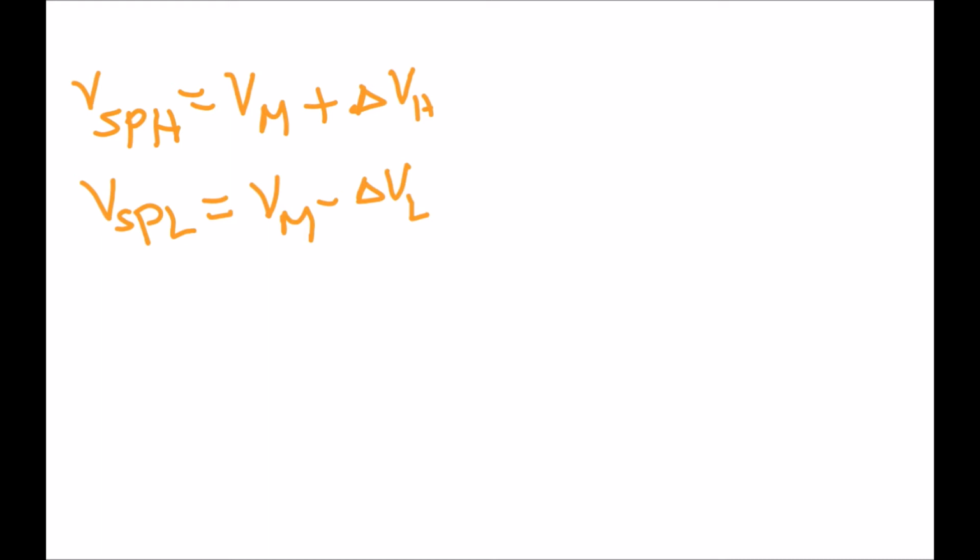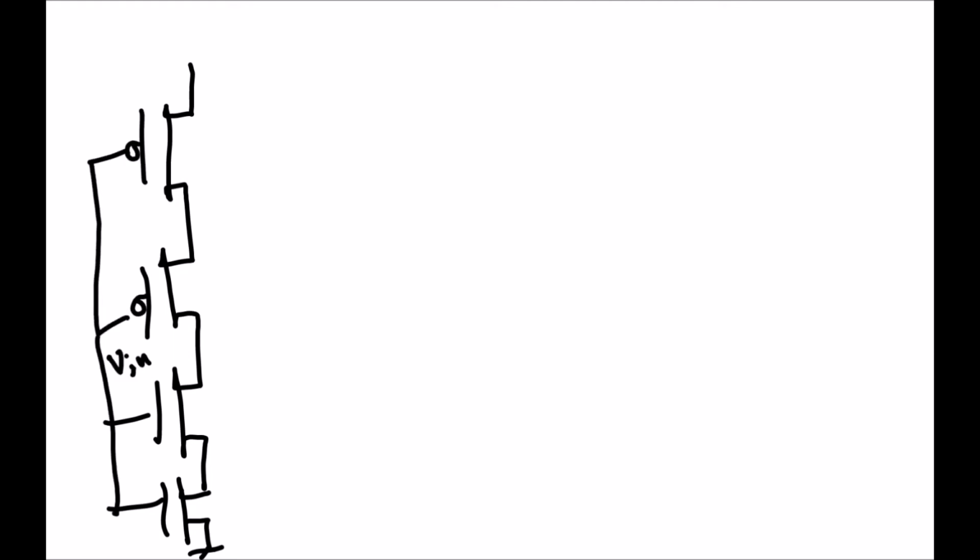Now let's try to construct a circuit for a Schmitt trigger. I will draw first a CMOS inverter. I will try to use analogy and comparison to understand well how the Schmitt trigger is different from a CMOS inverter. For this purpose, we will use two transistors, two PMOS and two NMOS, because it will be used in the Schmitt trigger circuit.